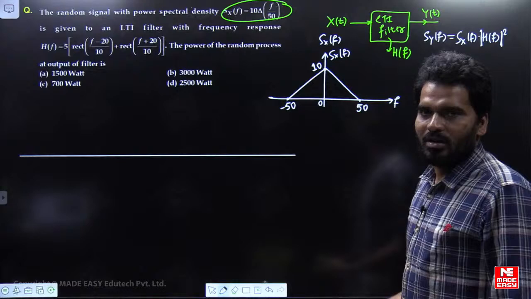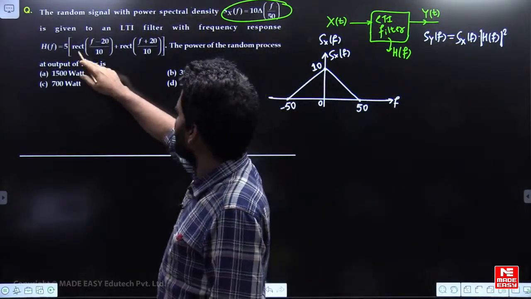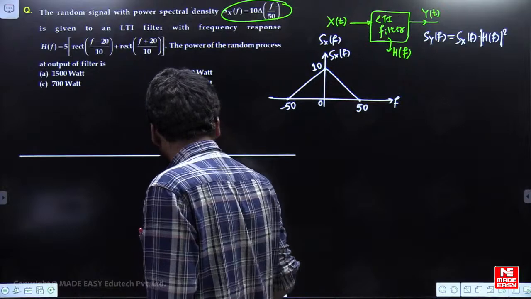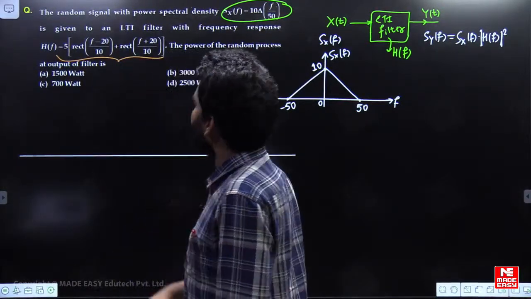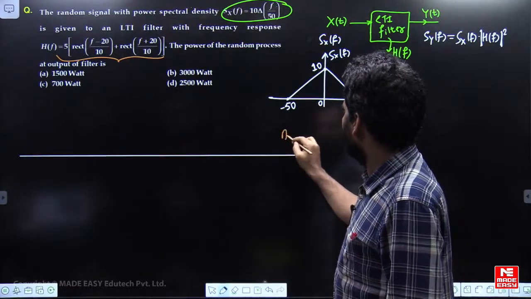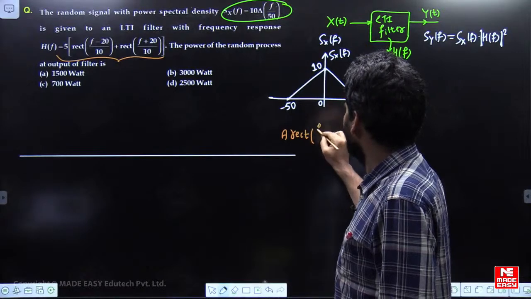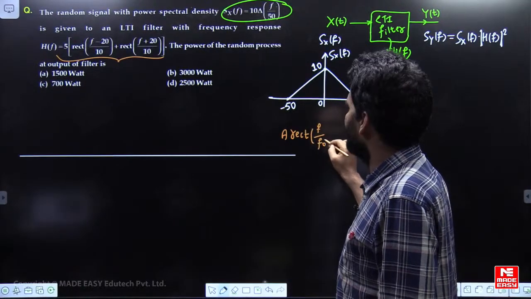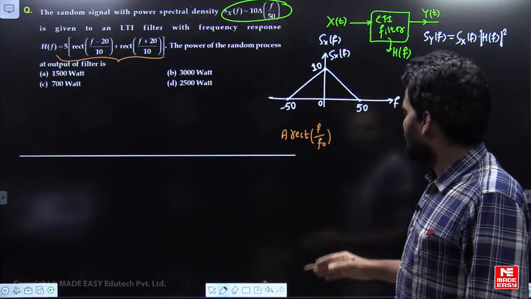And if you plot the transfer function of the given LTI filter, H of f, let us give the graphical representation of this H of f. Suppose it is a rect of f by f naught. It is a rectangular pulse.